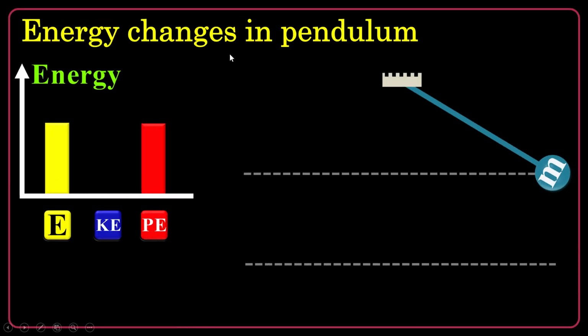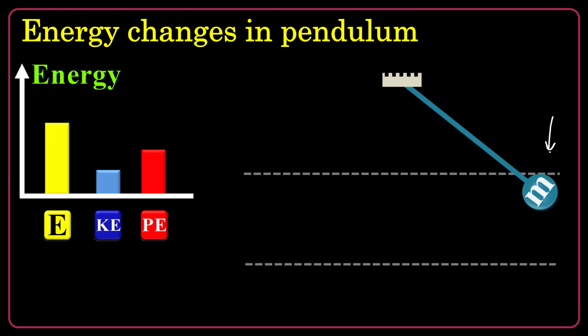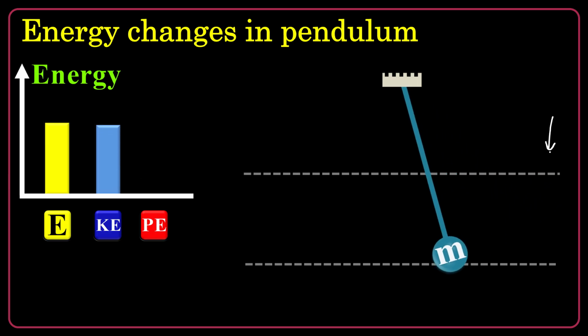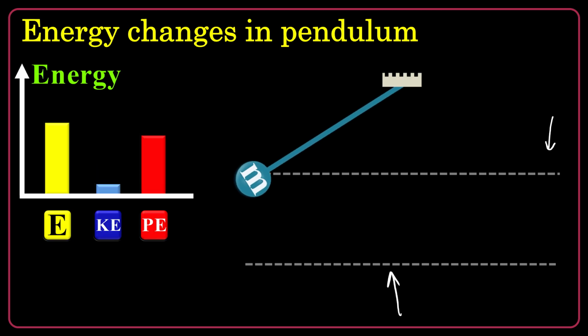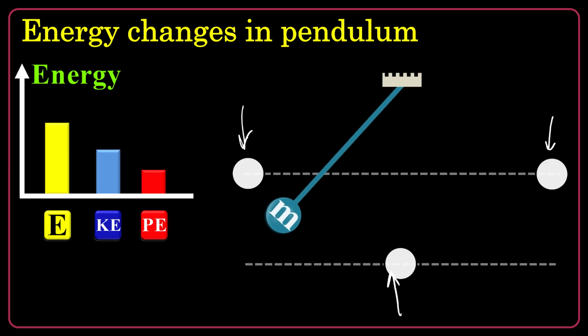Energy changes in a pendulum. We have a pendulum here, and it's released from the right dead point. It's the dead point, maximum height relative to the ground. You see when it's released, it will gain the maximum kinetic energy here, and then minimum kinetic energy, maximum potential energy, and so forth.